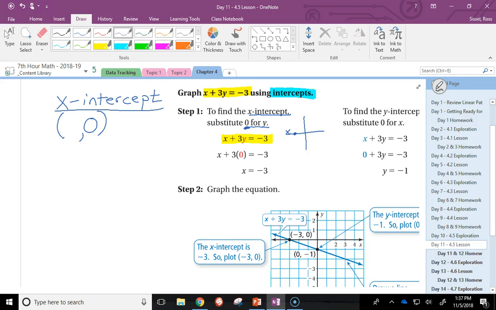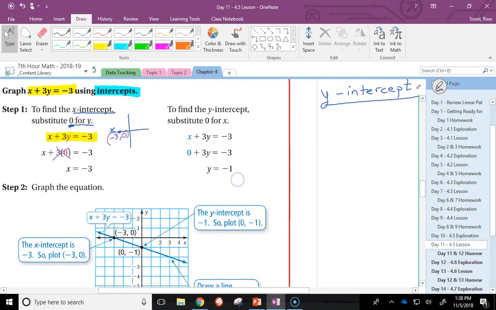What is 3 times 0? Well, it's nothing. The only thing I have left is x equals negative 3. That's my answer. My x-coordinate is at negative 3, 0. That means it crosses my x-axis at this point right here, negative 3, 0.